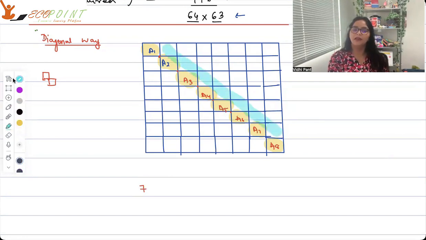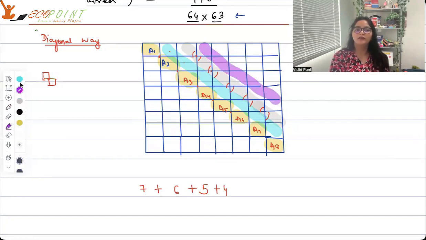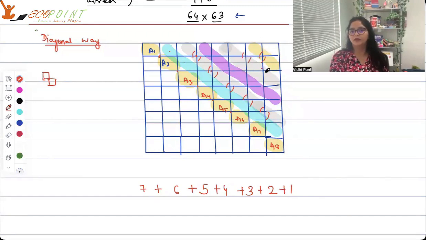The next diagonal is this one. In this one, you will have 6 pairs. In the next one, you will have 5 pairs. Similarly, moving up, you'll have 4, then 3, then 2, and then moving up, just 1 pair.